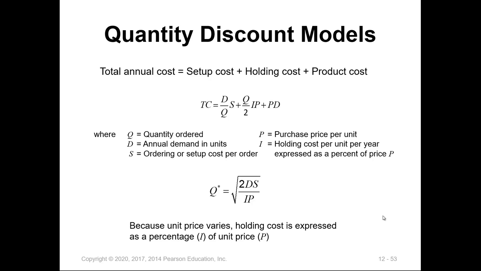And Q star at this point will equal the square root of 2DS divided by IP. Because unit price varies, holding cost is expressed as a percentage, and that's why you can use it here as a percentage and not as a dollar amount.